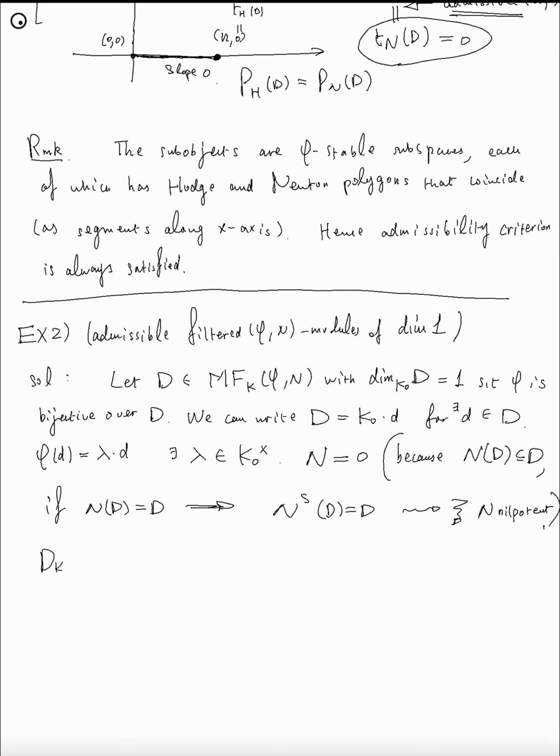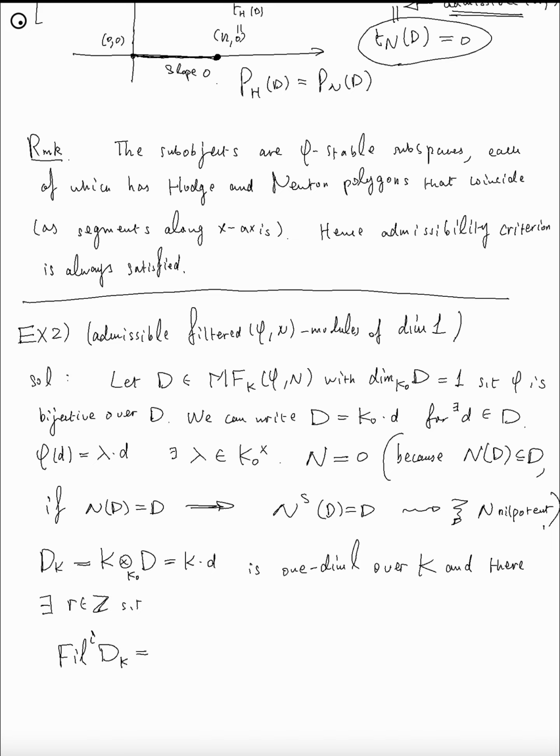Now let's write D_K, defined to be this change of D to K. It's one-dimensional over K, and there exists an integer r such that if you look at the filtration, this is the jump index, right?